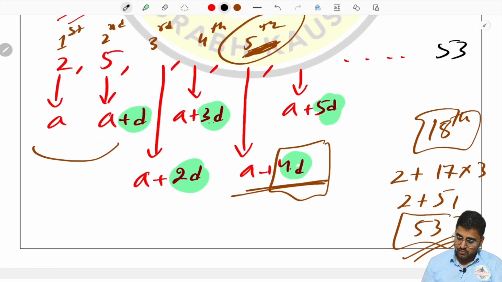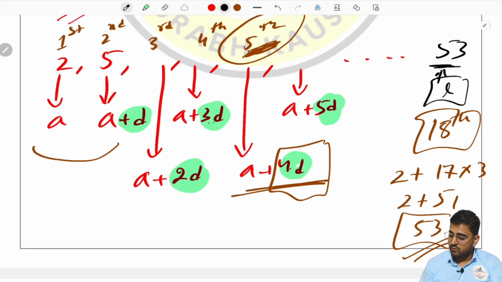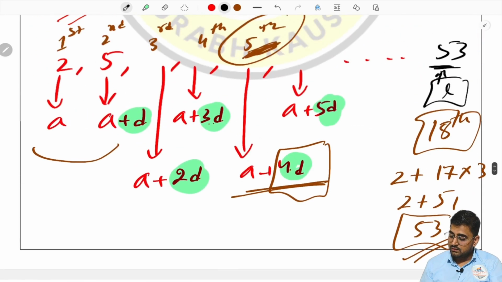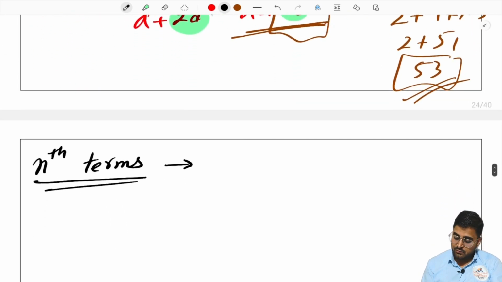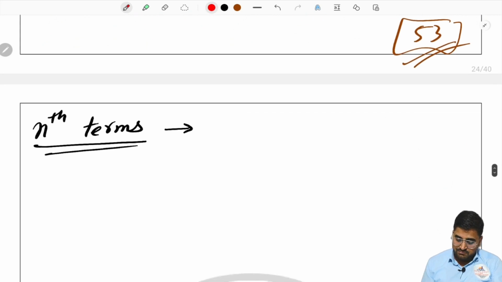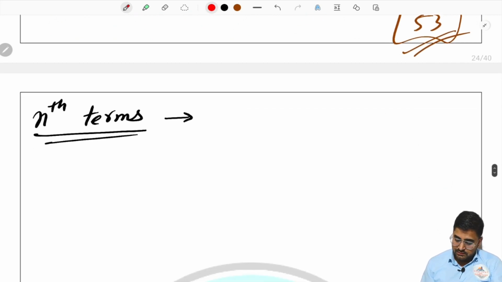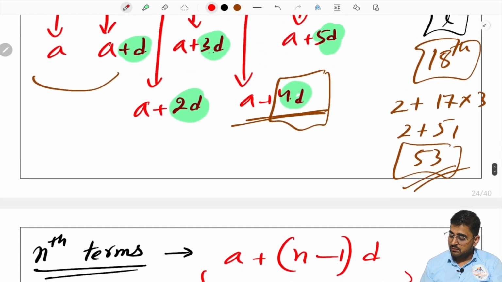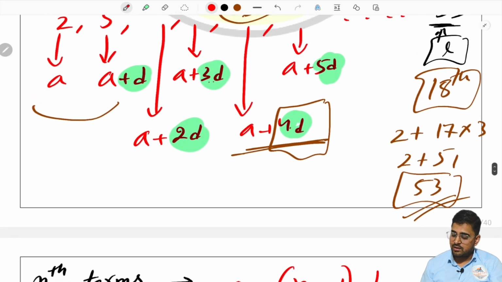Let us test. The last term we denote by L, as we have mentioned. The last term is 53. That's a very important part, please have patience and listen. So in this case, the formula is a plus n minus 1 into d, the same concept we have discussed just now.